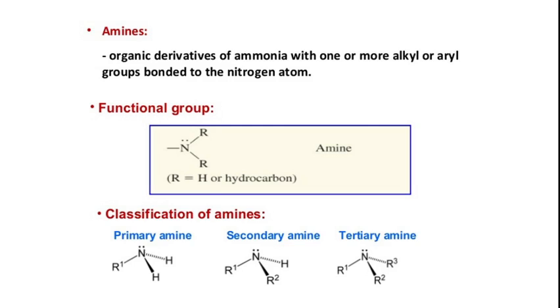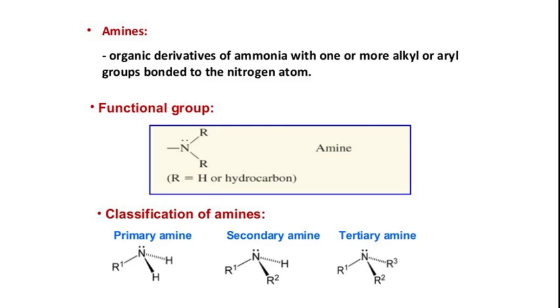If you replace one hydrogen of ammonia with one R group, we get a primary amine. If you replace two hydrogens with two alkyl groups, that is a secondary amine. If you replace all three hydrogens with three alkyl groups, R1, R2, R3, that is called a tertiary amine.